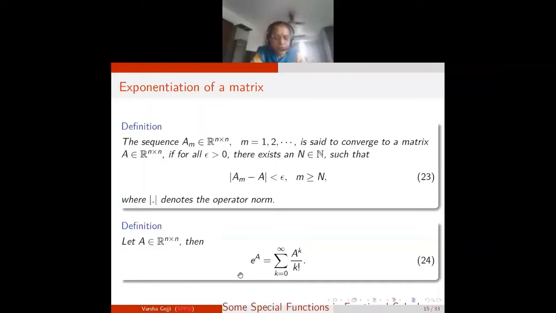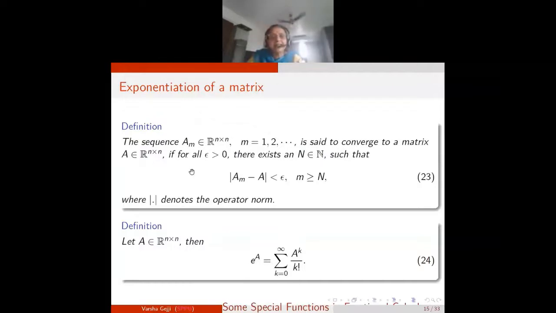Now, why is exponentiation important? Let us come to ordinary dynamics and recall exponentiation of a matrix, which you do in linear dynamical systems. First we define convergence of a sequence of matrices.